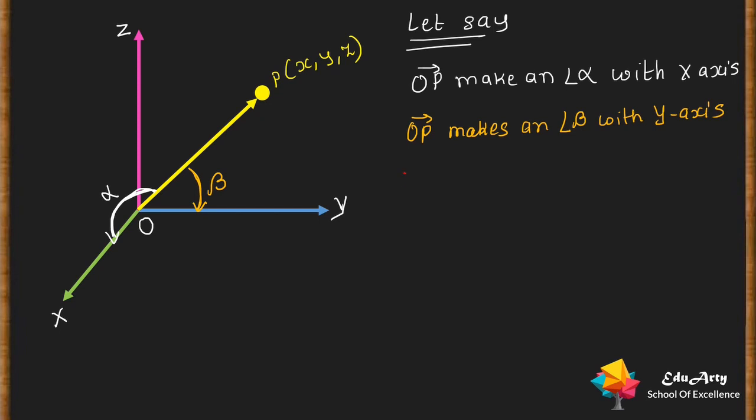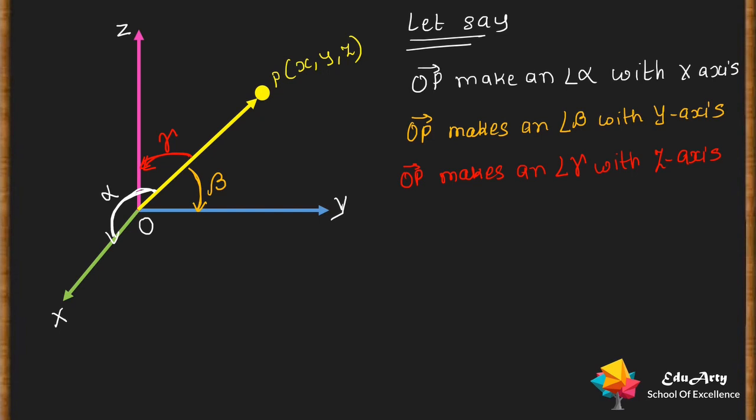So we can say that the OP vector makes an angle gamma with the z-axis. This is the gamma angle.